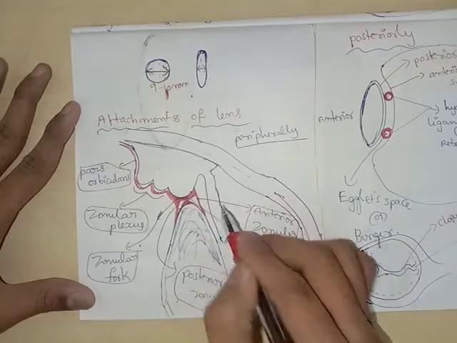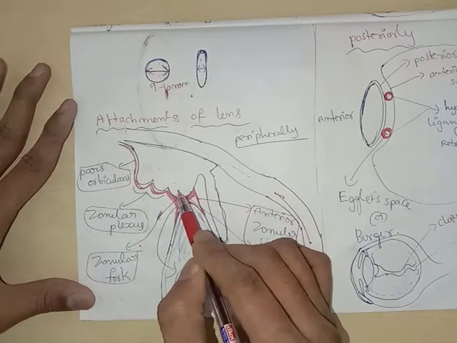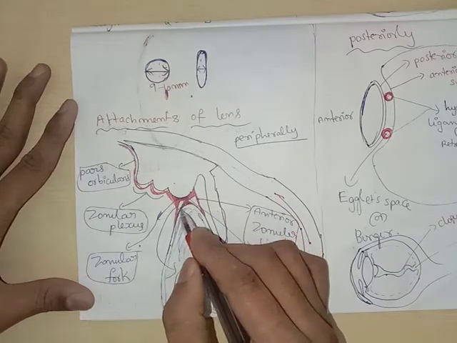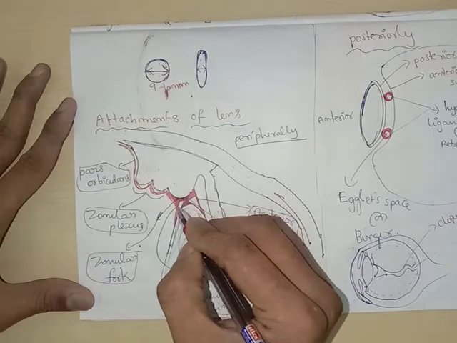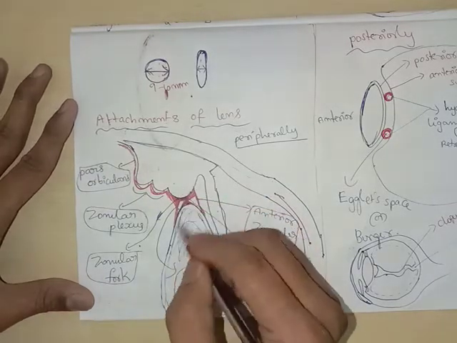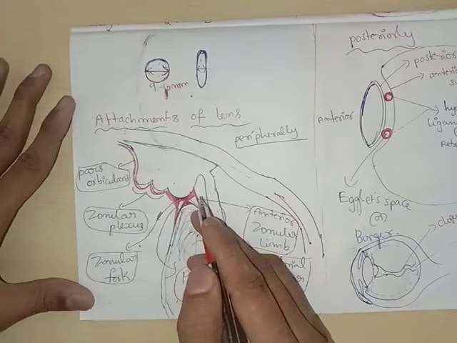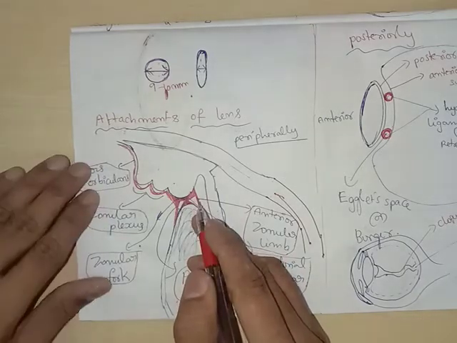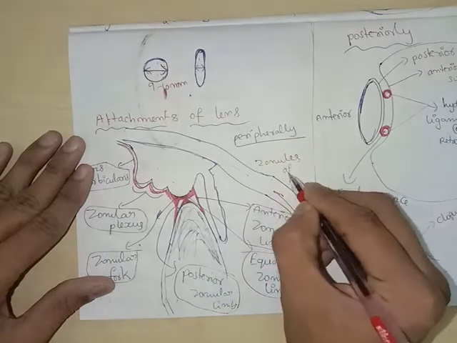This is the iris, this is the ciliary body. Near the ciliary body there are some fibers which connect the lens with the ciliary body. These are the zonular fibers. They are also called the zonules of Zinn.